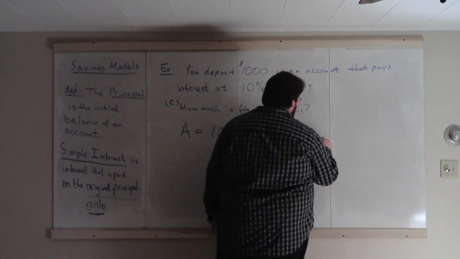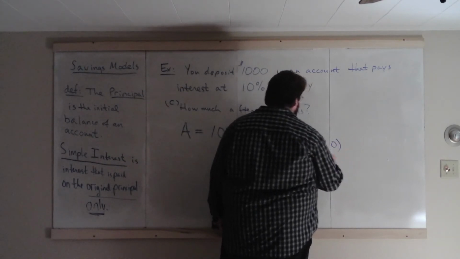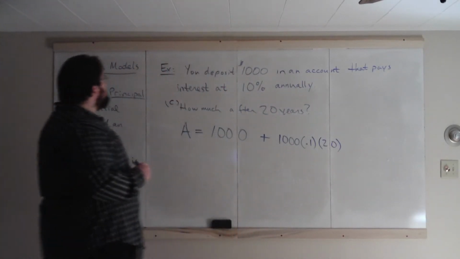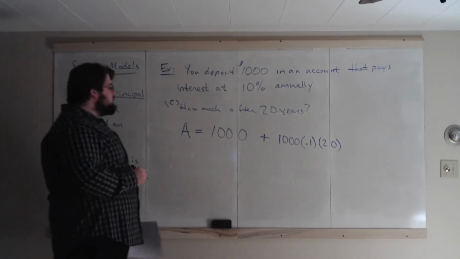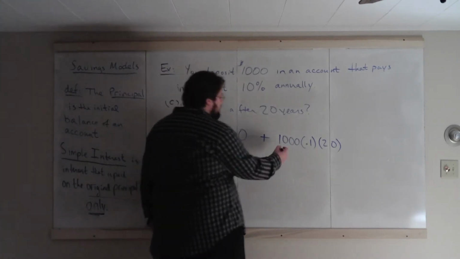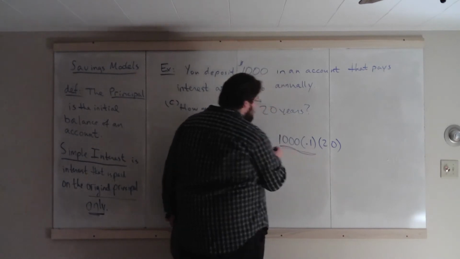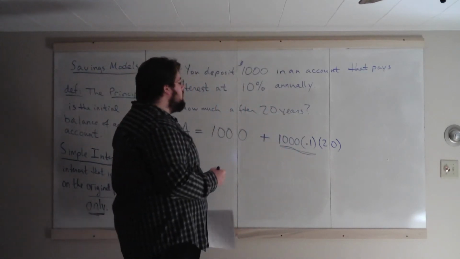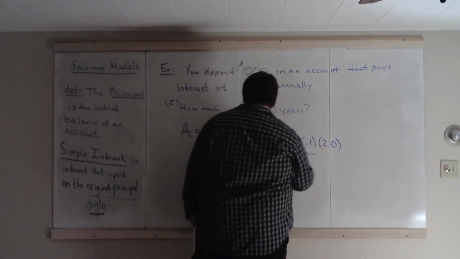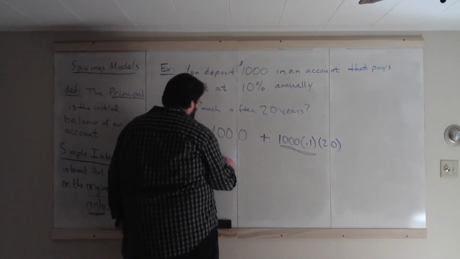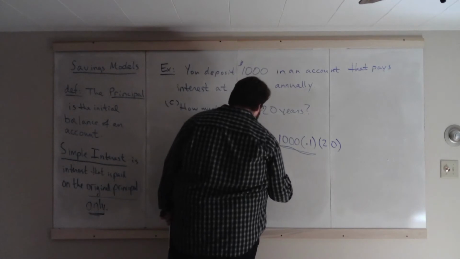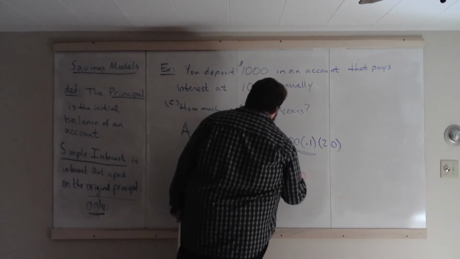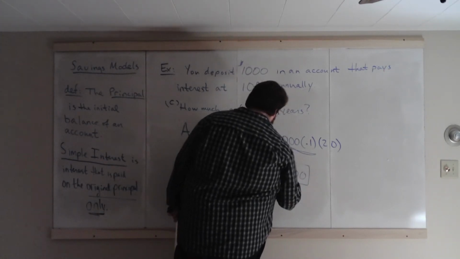But then we're going to earn this each year for 20 years. So we have 1,000 plus the interest earned per year times the number of years. And of course, this equals what? 1,000 plus, what is that, 100 times 20? Plus 2,000. So it's $3,000.